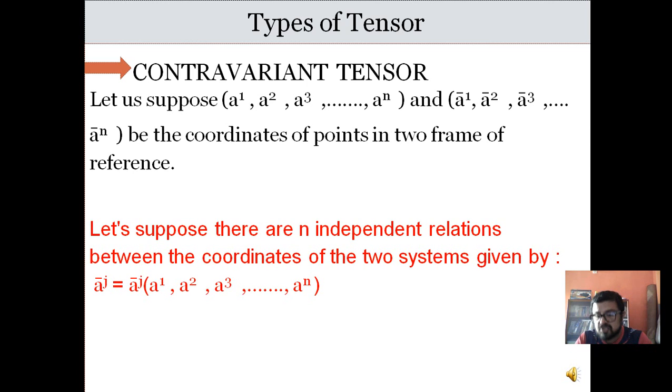And assume these two coordinate frames of reference are linked by an independent relation, which is given by the equation a bar j is equal to a bar j (a1, a2, a3 up to an).